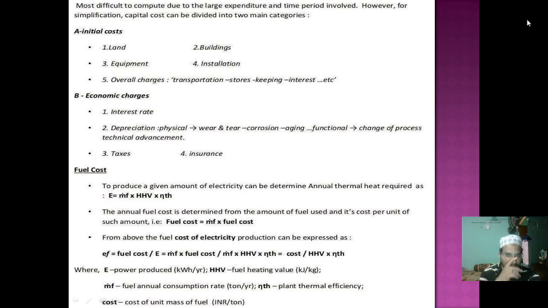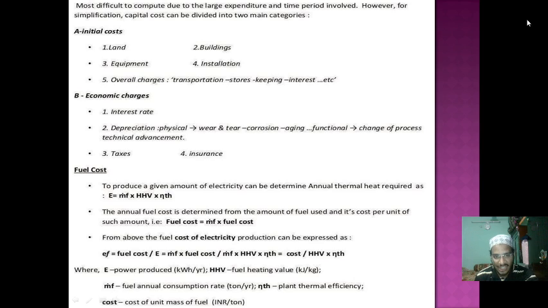In that depreciation, we consider how much corrosion will occur, or where the function is not working with a proper arrangement. So as per our terms and conditions, as per the level, we have to change the process.